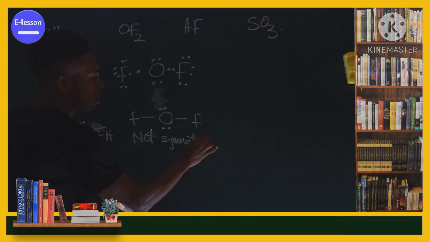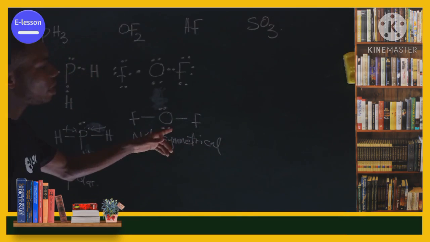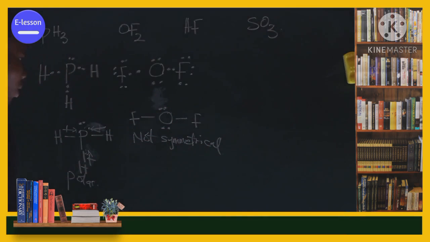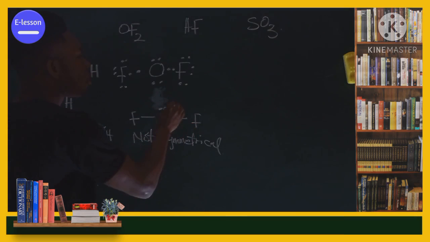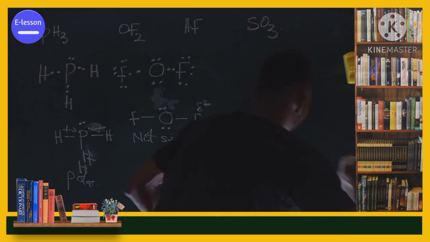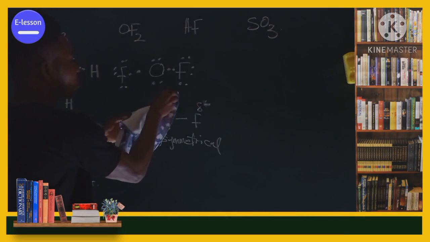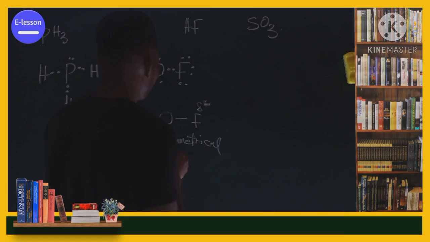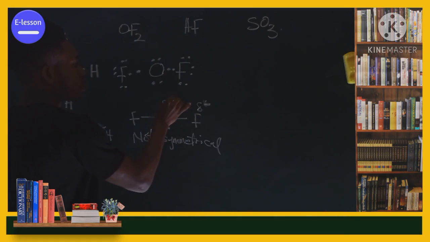Why? Because it has a lone pair of electrons. Now, since it's not symmetrical, look at the oxygen fluorine bond. There's a dipole moment. This is partially negative, and this is partially positive, with two lone pairs of electrons.